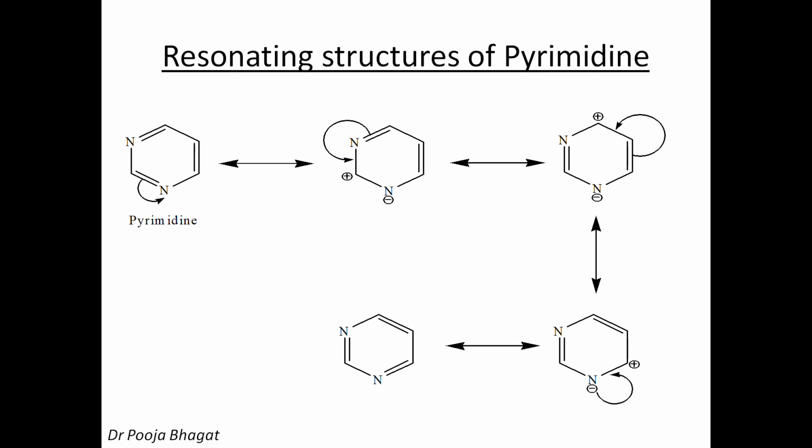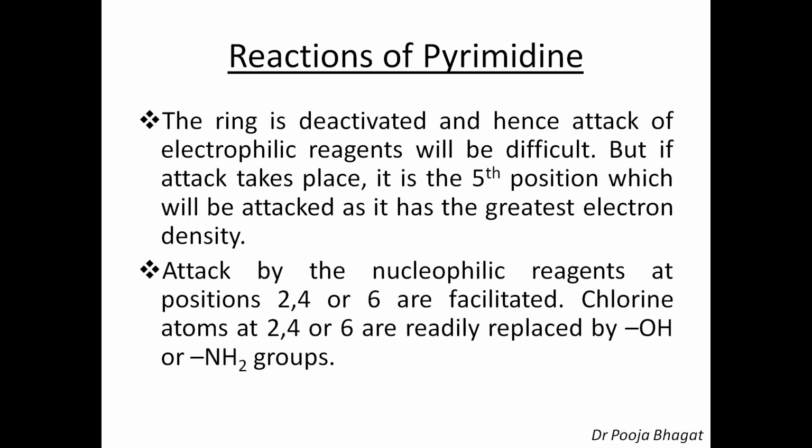That means if an electrophilic reagent attacks, it is the 5th position that will be attacked, as it has the greatest electron density. So from the resonating structures, you can conclude that electrophilic attack is difficult, but if it takes place, it is at the 5th position.